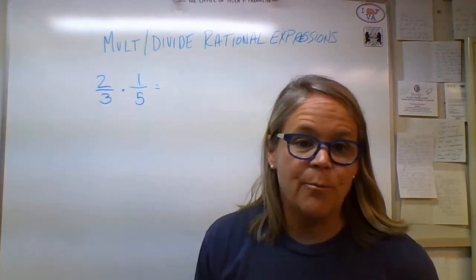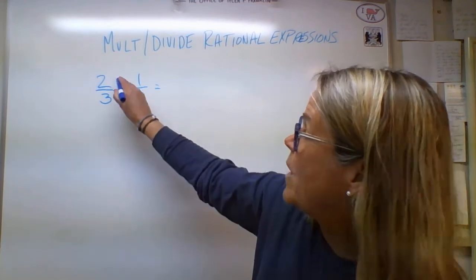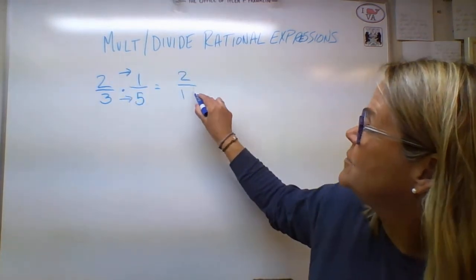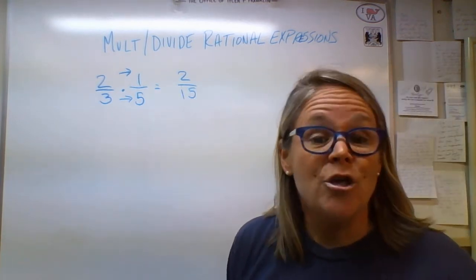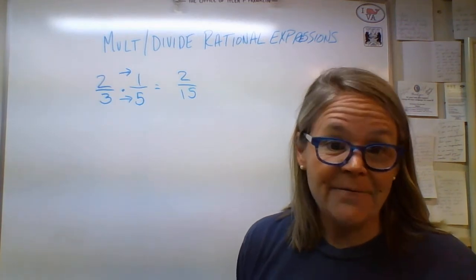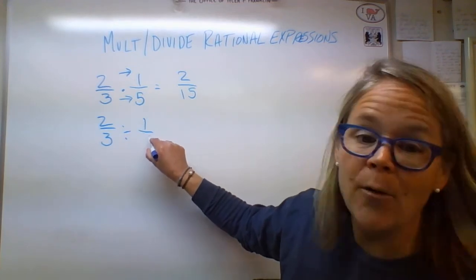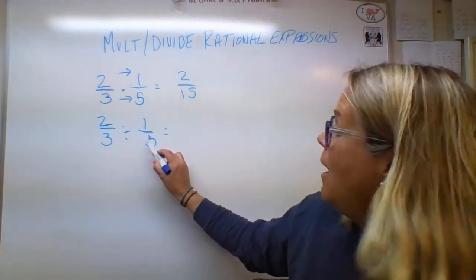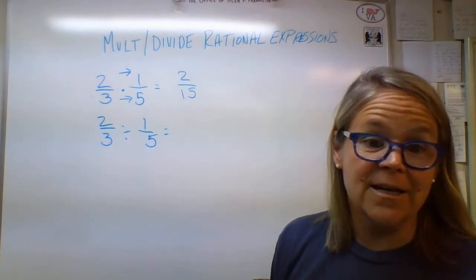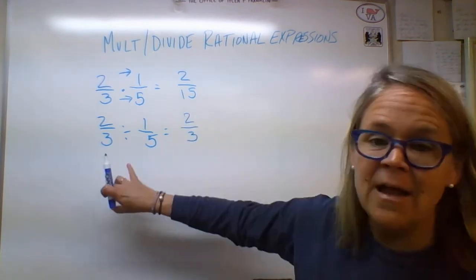We use our calculators. But if you're multiplying fractions, you multiply straight across. 2 times 1 is 2. 3 times 5 is 15. You simplify your answer if you can. Dividing: if I had 2/3 divided by 1/5, what you were taught in fourth, fifth, sixth grade, you keep the first fraction the same.